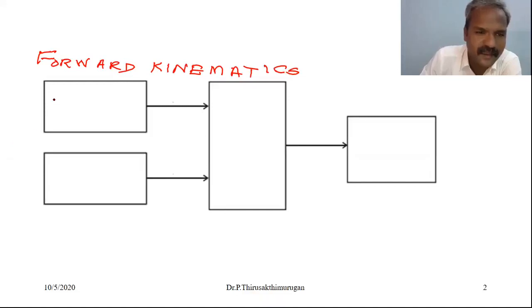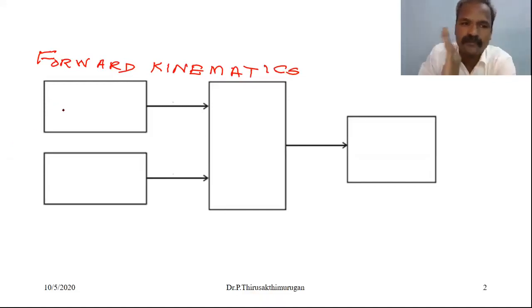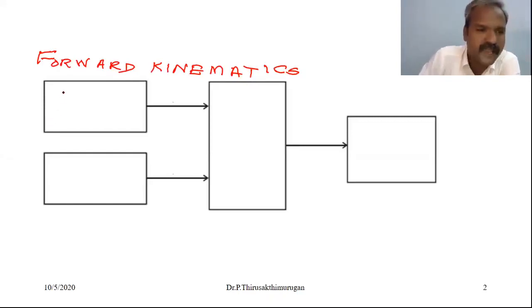Basically, the robot arm has two kinds of parameters. One is constant parameters, and the others are variable parameters. The constant parameters are called link parameters.